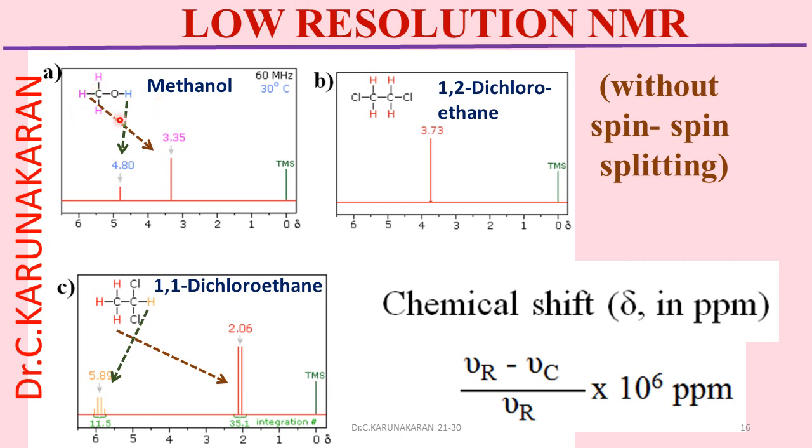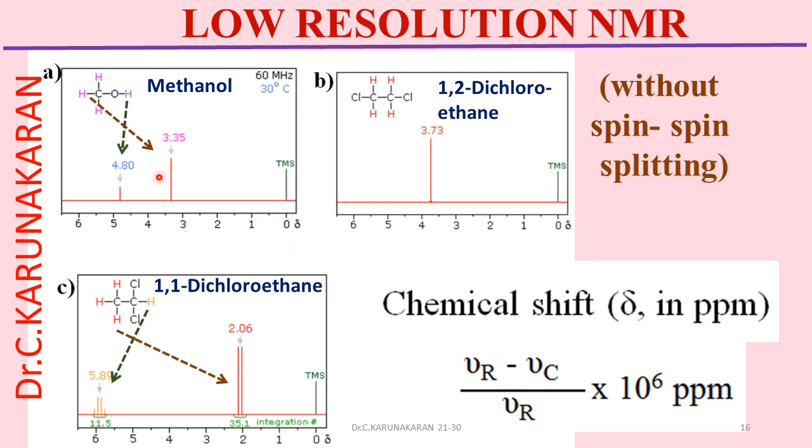In the case of methanol, there are two types of protons, the OH proton and the CH3 protons. This is the TMS reference compound, where delta equals 0, because for the reference compound nu R minus nu R equals 0, so delta equals 0 on the delta scale.